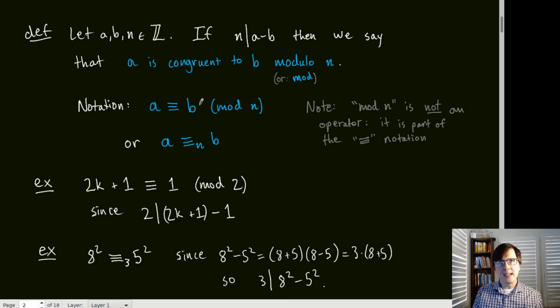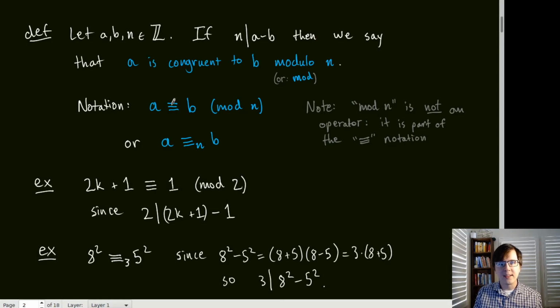There are two notations in common use. There's the traditional notation, a is congruent to b mod n, which is a reprise of the words in the definition. Or there's a is congruent mod n to b, which is also pronounced a is congruent to b mod n. One thing to note is that this mod n in parentheses at the end is not an operator or anything like that.